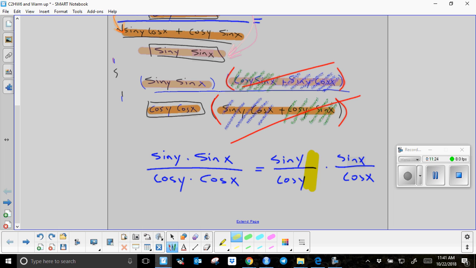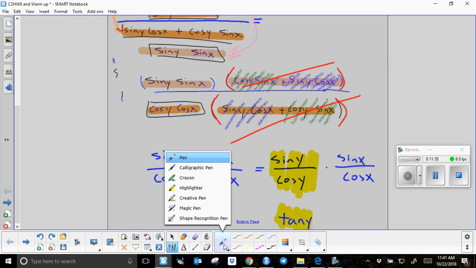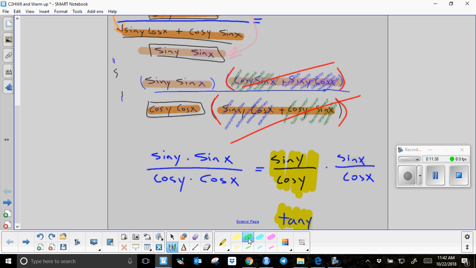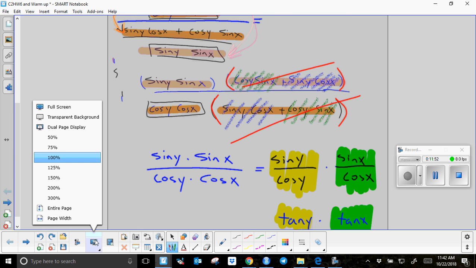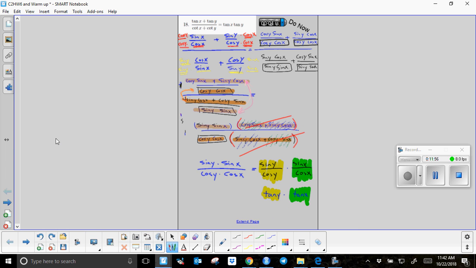Sine over cosine is what? Tan y. And what is this? Tan of x. If you look at the right side of the equation, I think we got what we were looking for.